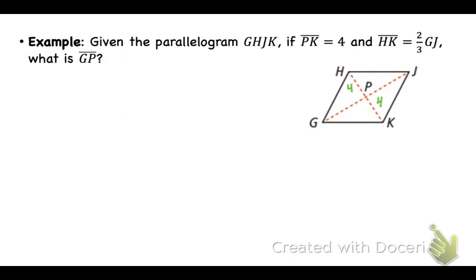So then it tells me right here that HK is 2/3 GJ, and the GJ is missing a line. So what is HK? If the two pieces are 4, what are they together? 8. So I know 8 equals 2/3 GJ, because we're just replacing that.